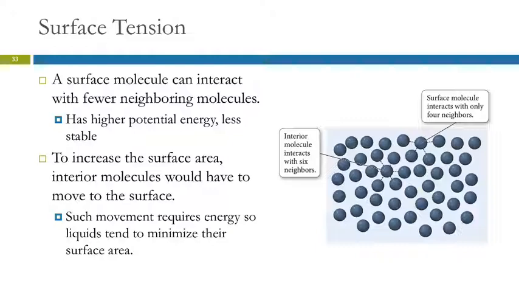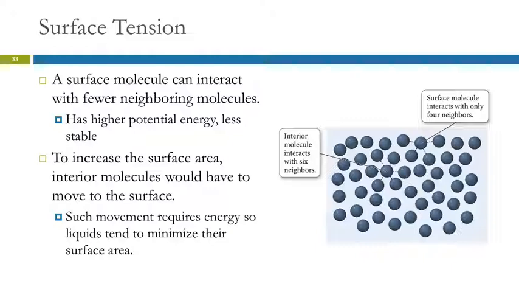Those interactions lower the potential energy of the water, so it's trying to get to the lowest energy. It's going to do that by minimizing how many molecules are at the surface, because the more molecules you have at the surface, the higher the energy. So water will minimize its surface area.